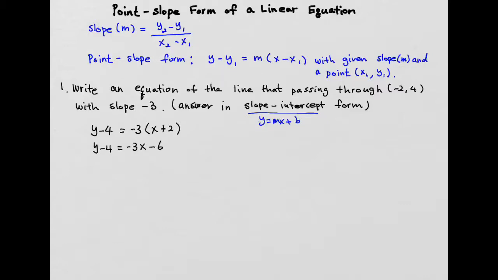And then I will add 4 to isolate y. Then I get y equals -3x minus 2. And that will be the equation that has a slope of -3 and passes through this point, in slope-intercept form, right?